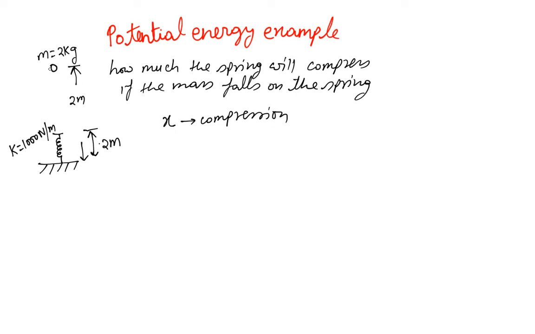So what is happening? This mass, which has potential energy because of gravity, falls down, and gravity does work on this mass, and as it does work on it, the potential energy changes to kinetic energy. When it reaches somewhere here, it has a lot of kinetic energy but a small amount of potential energy, and it falls on the spring, and the spring gets compressed because of that.